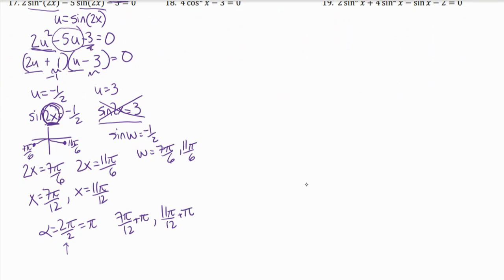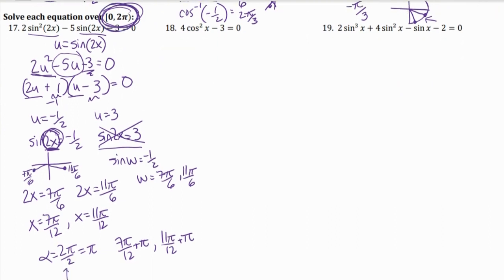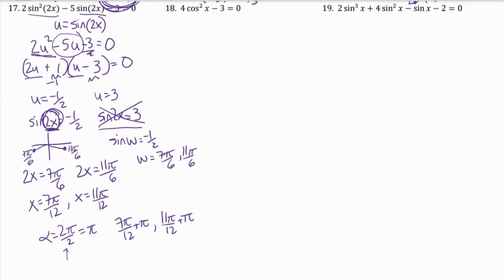Now, we're only going to count these numbers if, remember, you have values between 0 and 2 pi. If our numbers are outside of 0 and 2 pi, I will not include them in my final answer. But if you add 12 pi over 12 to 7, you get 19 pi over 12. And 19 pi over 12 is less than 2 pi. How do I know that?